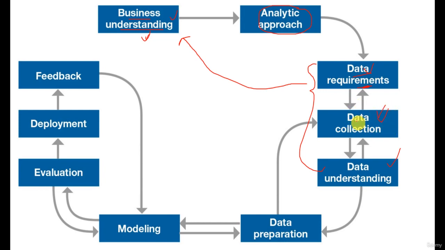Collection here can be from multiple sources. Maybe you can interview, or maybe you can conduct a survey. In that way you can collect the data and then you understand the data. Understanding here means you explore the data. Now these three steps are an iterative process. You are going to iteratively collect, check the requirements and understand your data through different phases.